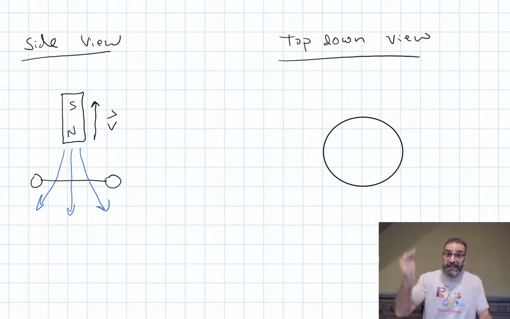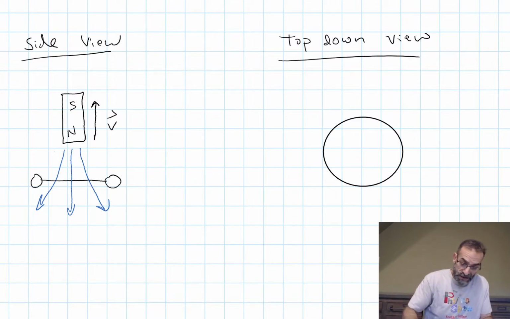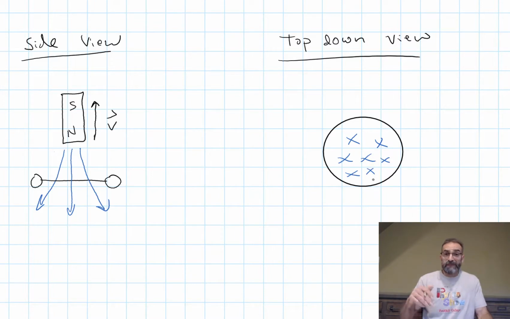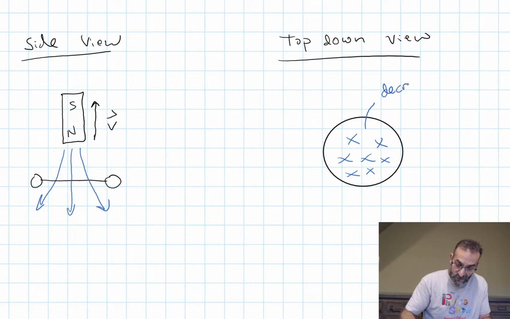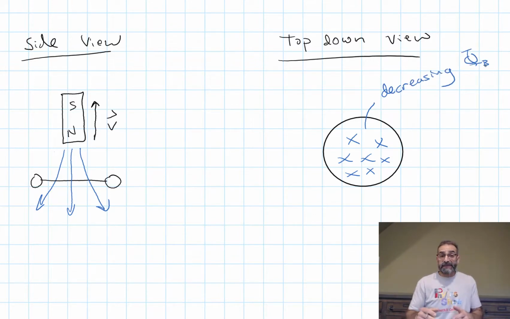So our flux is still down into the page as we're looking from above, but now it's decreasing. Decreasing magnetic flux. As the magnet moves away from the loop, the number of magnetic field lines penetrating the loop is becoming less and less and less.